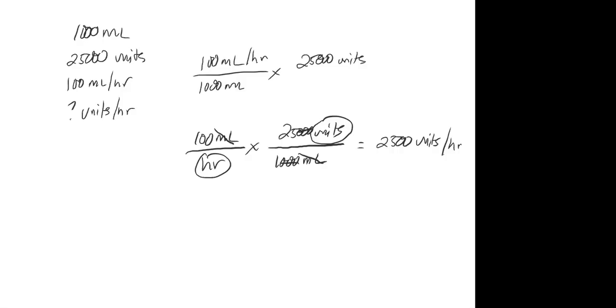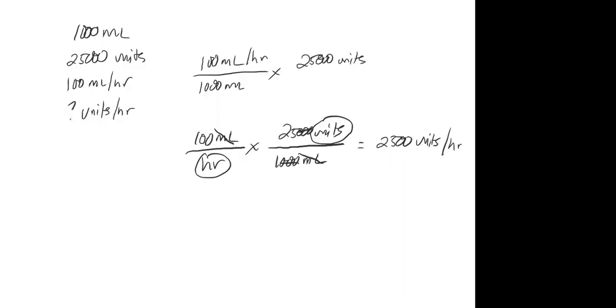Where they would set up a question similar to what you wrote, and it would either ask for milliliters or units. And I watched some of the videos on your YouTube channel where it was more or less saying if it's asking for units, put the units on top. If it's asking for mLs, put the mLs on top when you're setting the problem up. Is that like what this is?